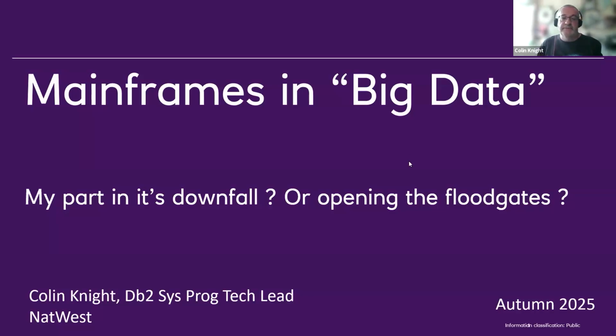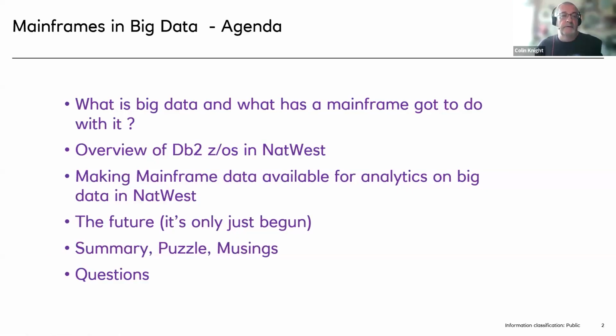The subject is mainframes in big data, and it's around my part in its downfall, or opening the floodgates, whichever direction you choose to look at it from. Okay, so this is the agenda I'm looking at today.